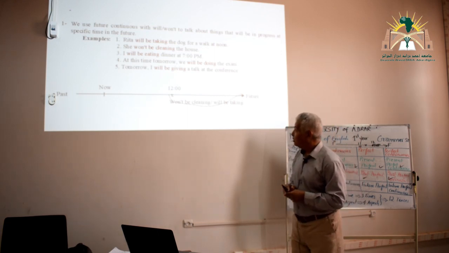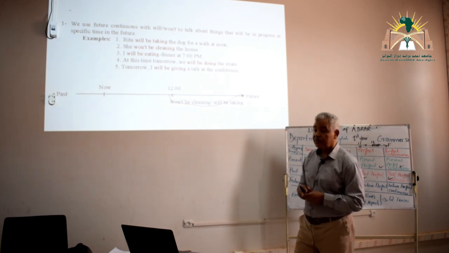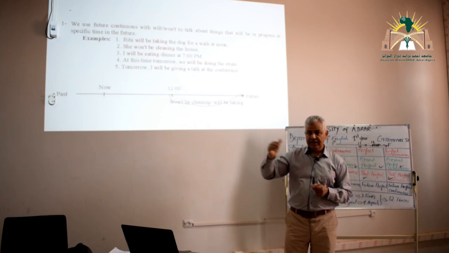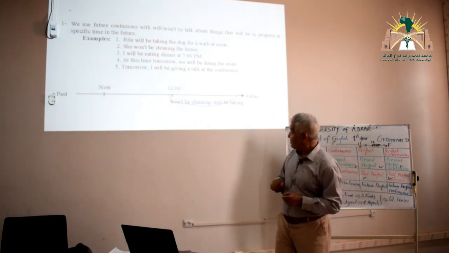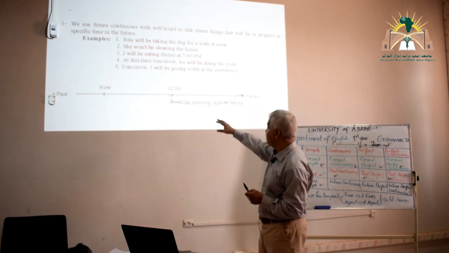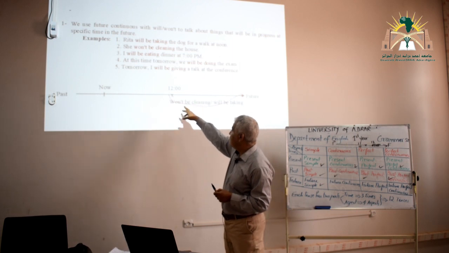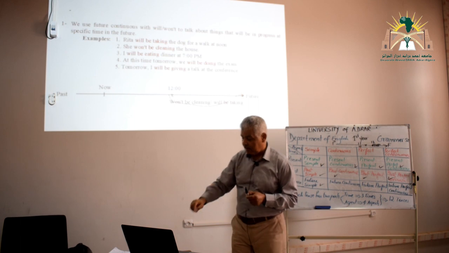The last example, tomorrow, I will be giving a talk at the conference. I will be giving a talk, point in time in the future, and something happens in progress. All right, we can see this on this timeline here. Now, the point in time in the future, and something happens in progress.